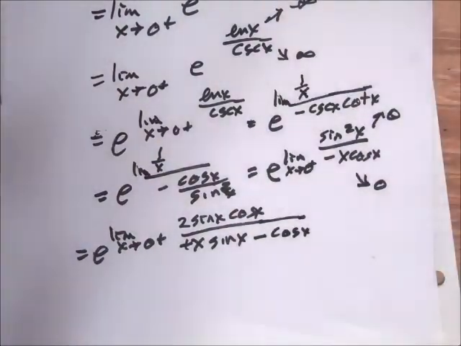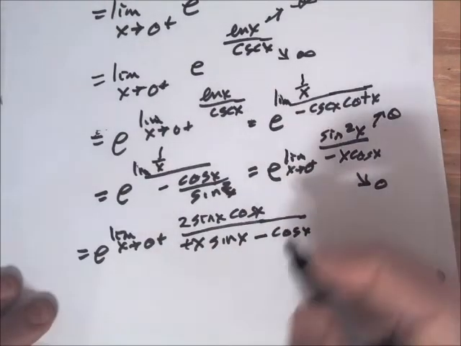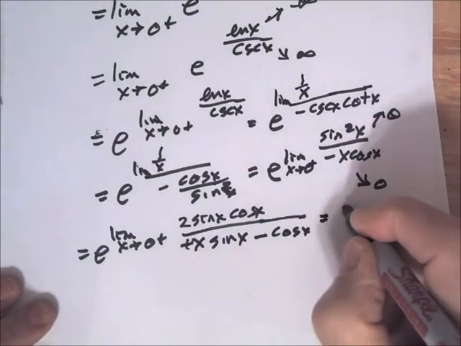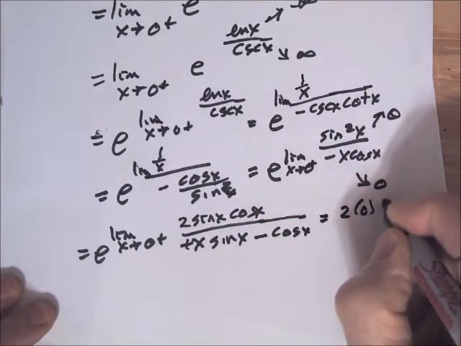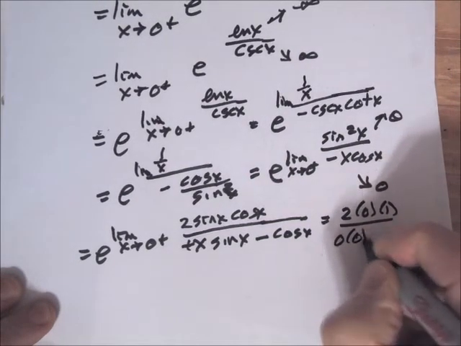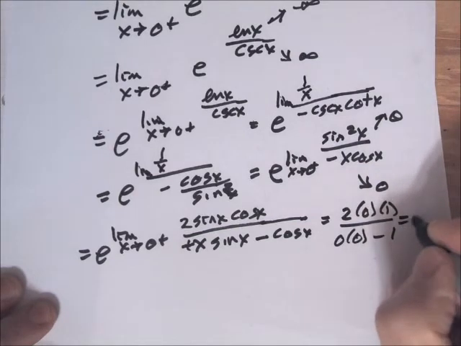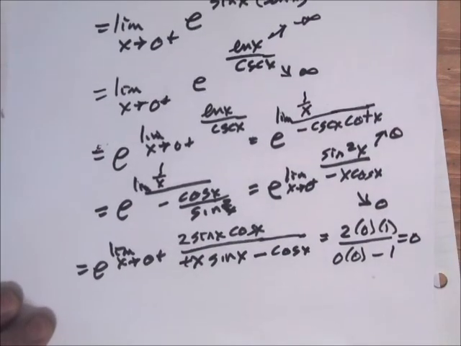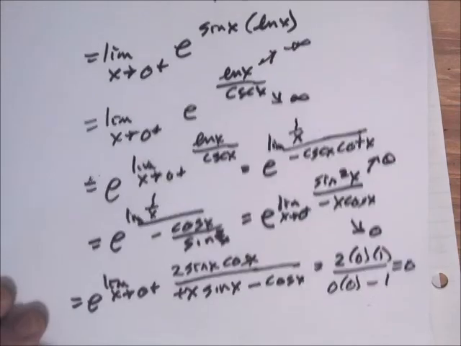Okay, so let's see what happens now. If we put in 0, now we're good. We get 2 times 0 times 1 over 0 times 0 minus 1, and that's equal to 0. So the limit of that function is 0.